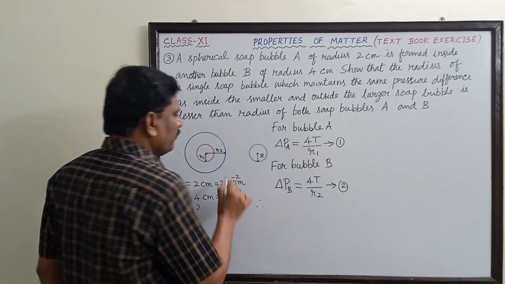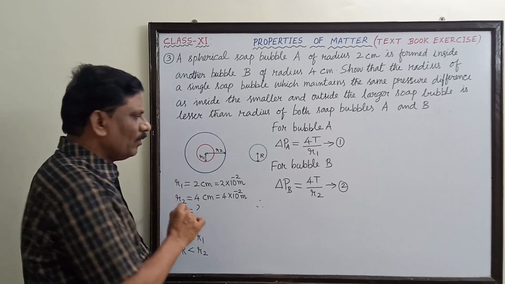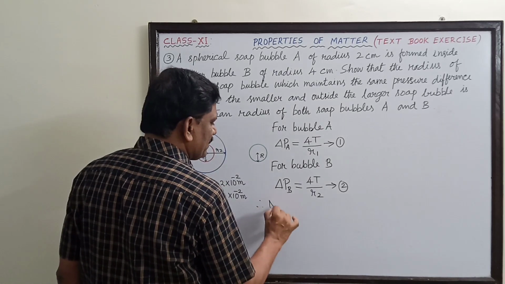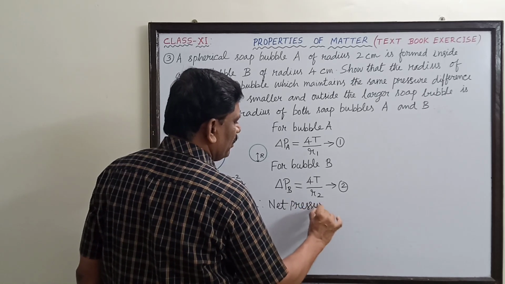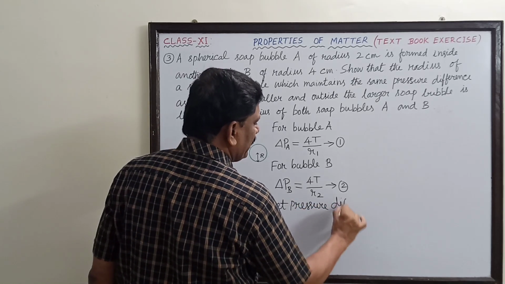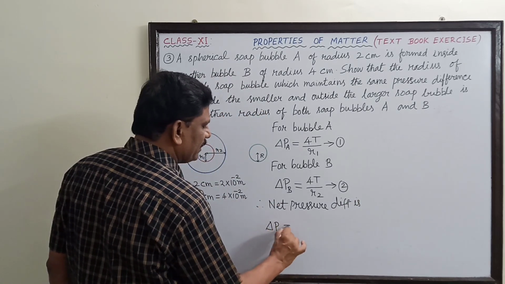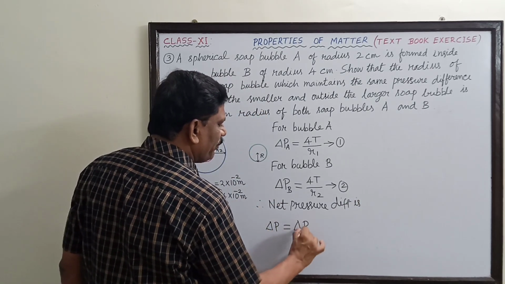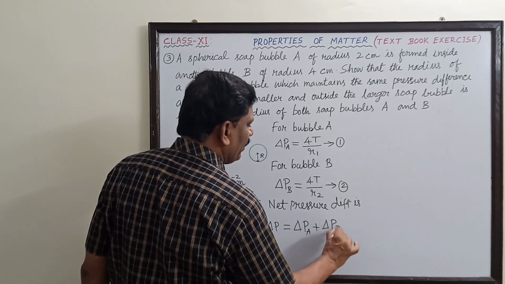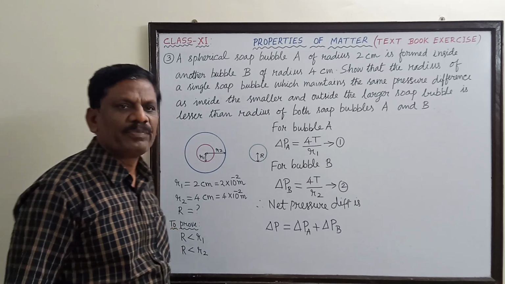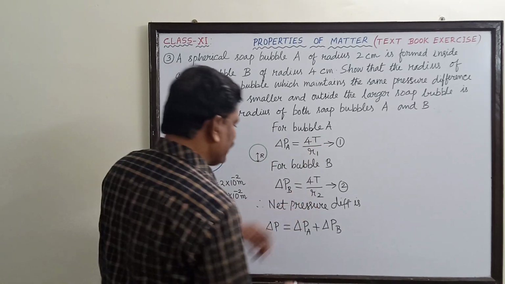Therefore, when the smaller bubble is kept inside the larger bubble, what is the net pressure difference? The net pressure difference delta P is equal to delta P for the bubble A plus delta P for the bubble B. So this is equal to 4T by R1 plus 4T by R2.